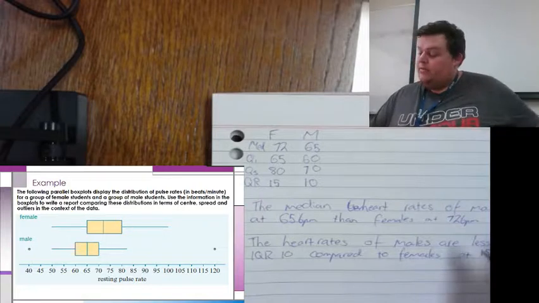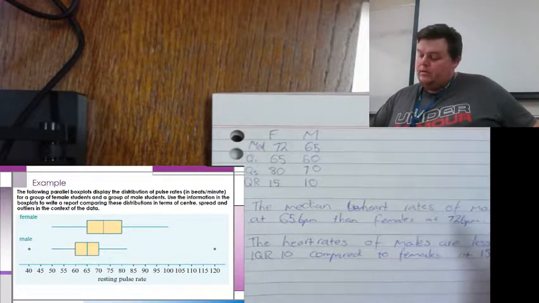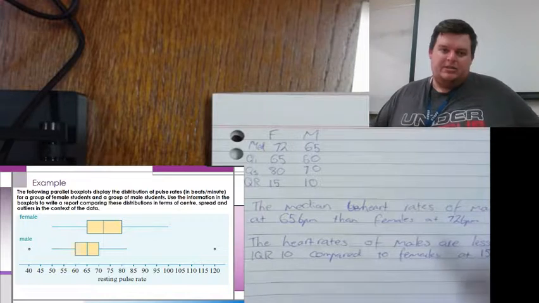Okay, so I've commented on center and spread, and it also says to mention outliers.